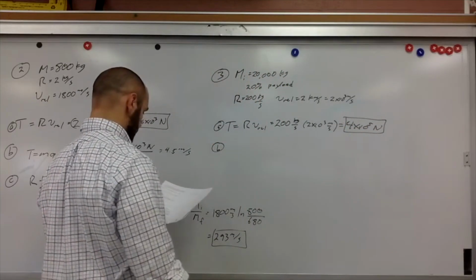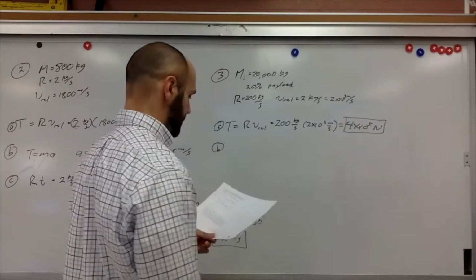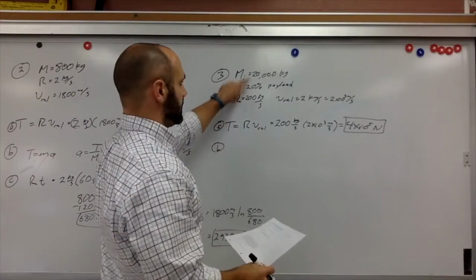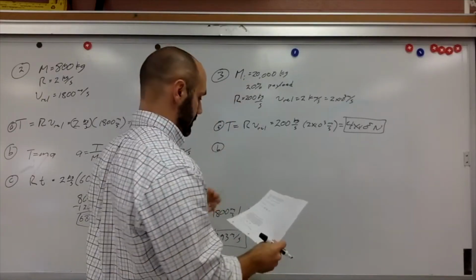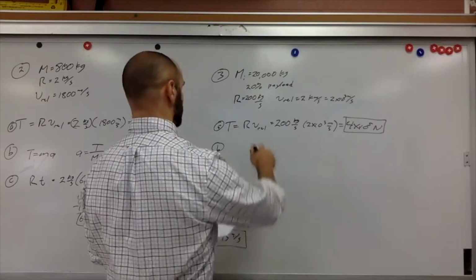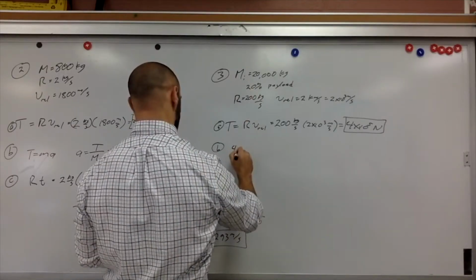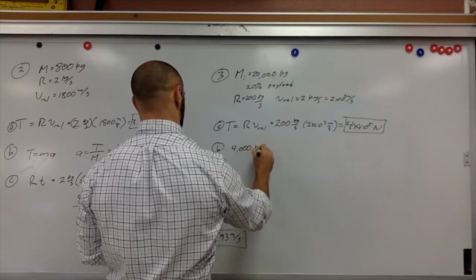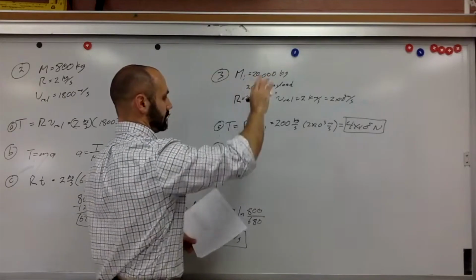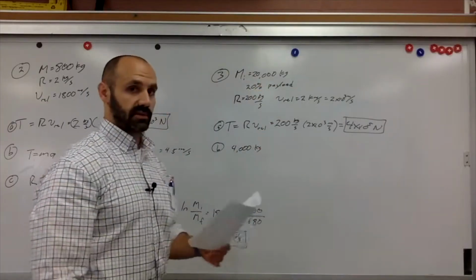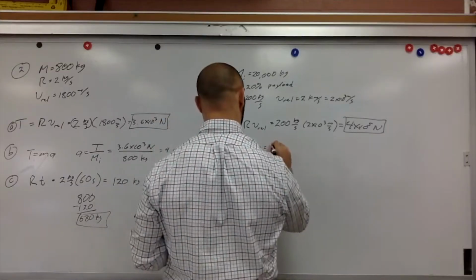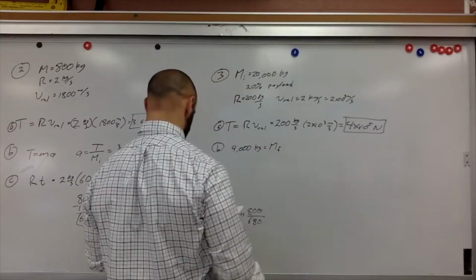Okay, and then what we're looking for is the change in the rocket's velocity when all the fuel is spent. All the fuel means 80% of this. And so 20% of this is 4,000 kilograms. That's what's left after the other 16,000 has been spent. So this is my final mass.